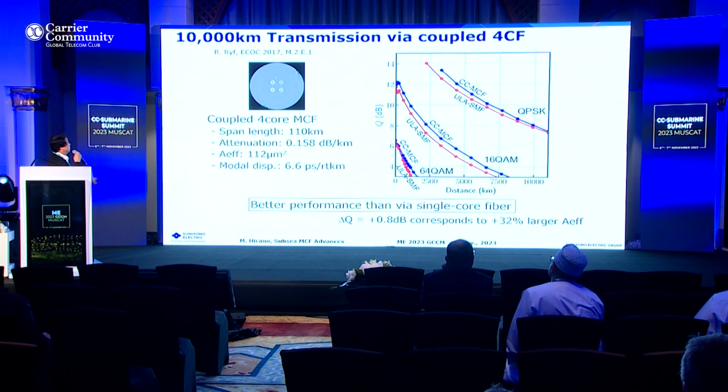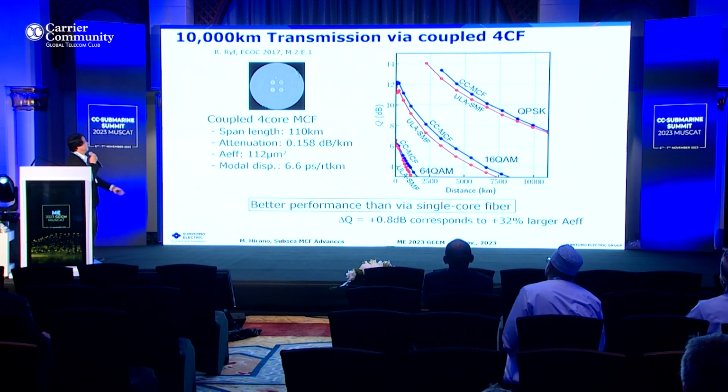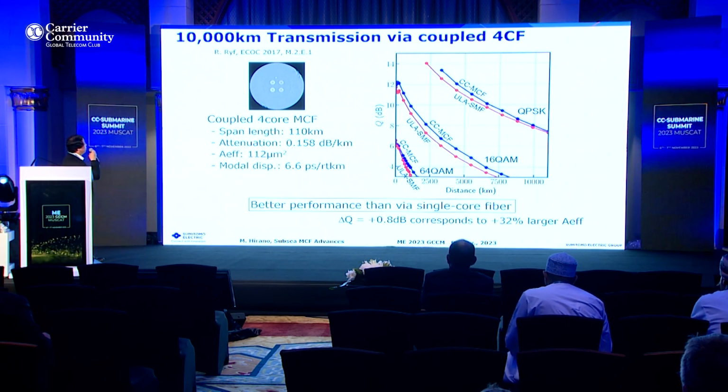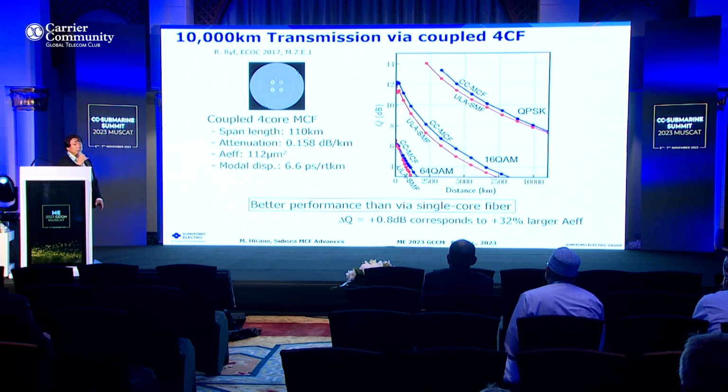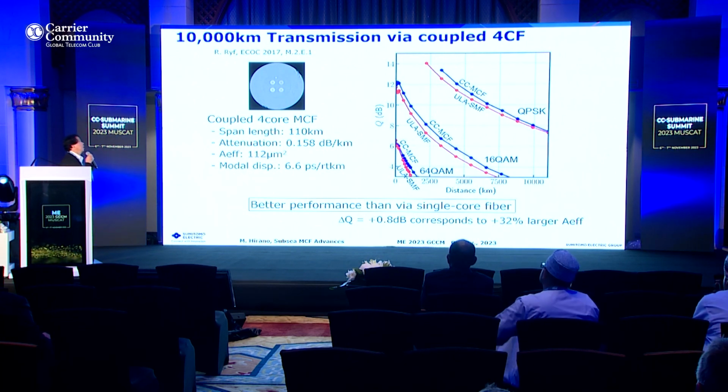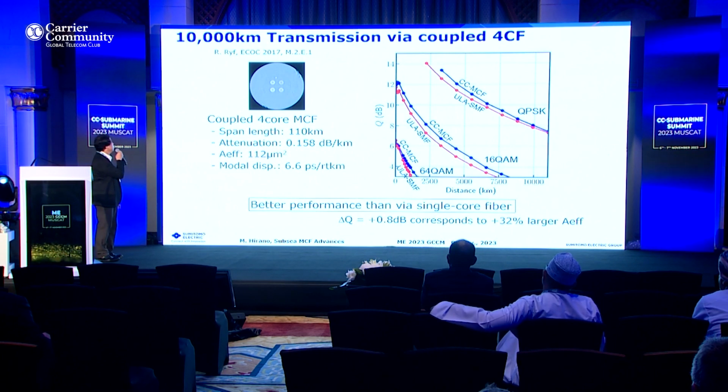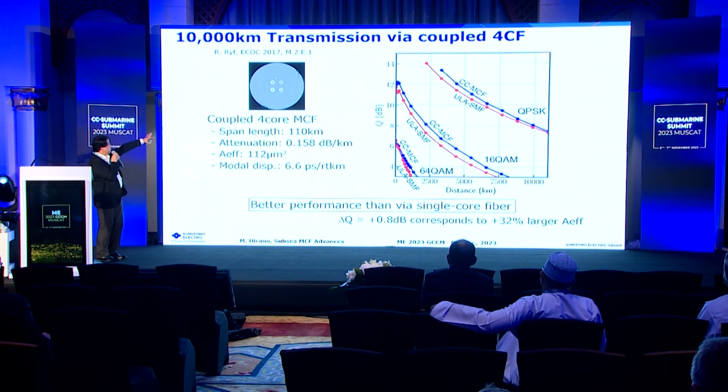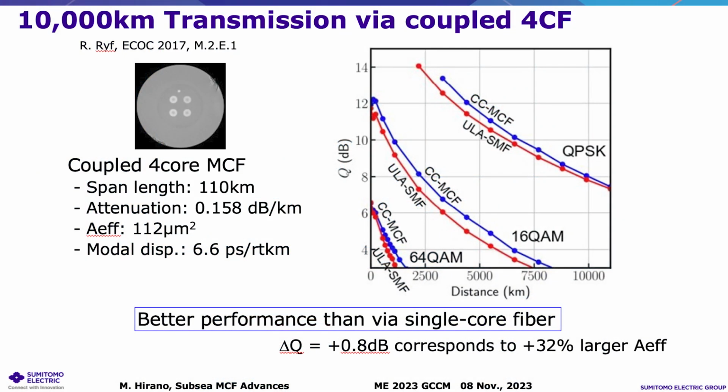Okay, so this is not very recent, a transmission experiment from 6 years ago, but this is a very good experimental result. Using the 4-core coupled core multi-core fiber, more than 1,000 kilometer transmission was realized.